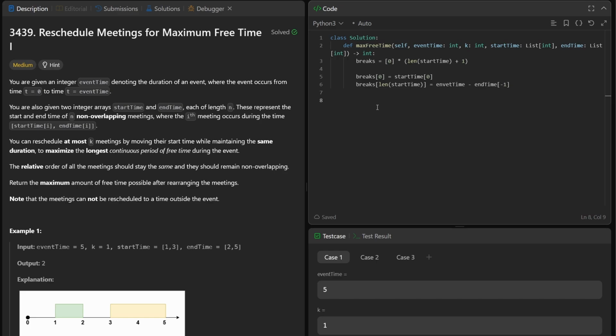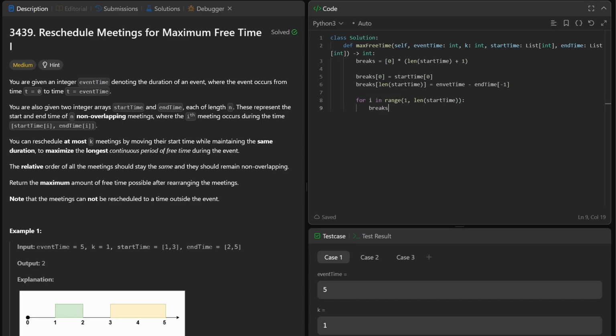Okay, so now that we have the special cases taken care of, we can continue along iterating through. All of them will follow the same format. And if you remember, we can use the start time and then the end time of that -1 to get that break length. So for I in range, and we'll start at 1, and we're going to stop at the length of start time, since we've already handled the first and last.